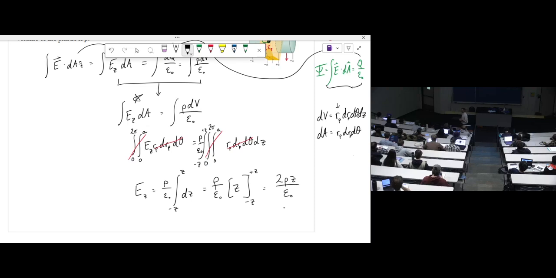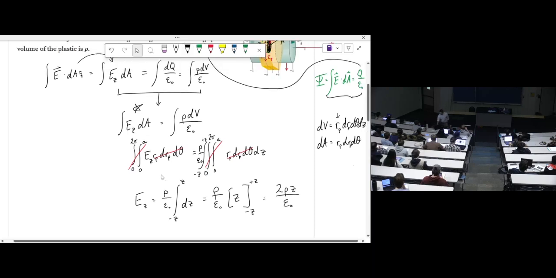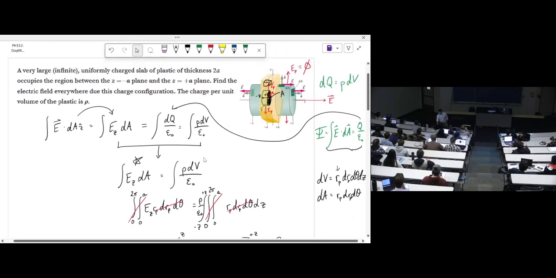Can anybody help me explain why I might have that my electric field strength is double what it actually ends up being? Let me go back up to my figure here really quickly. Yes?